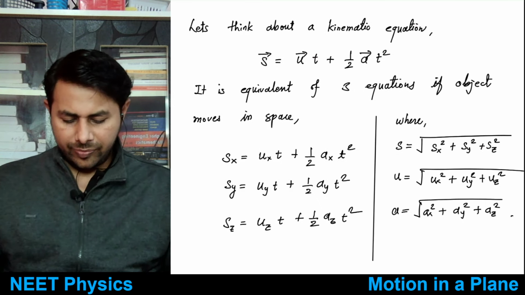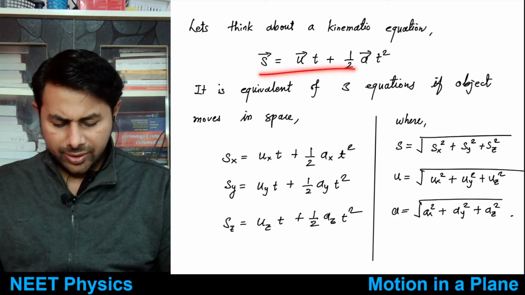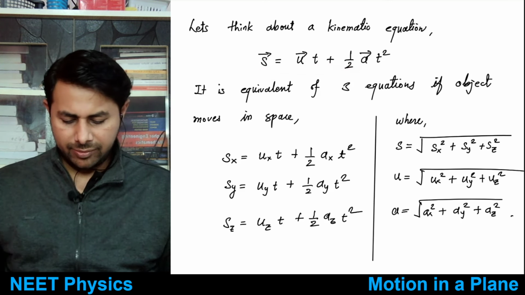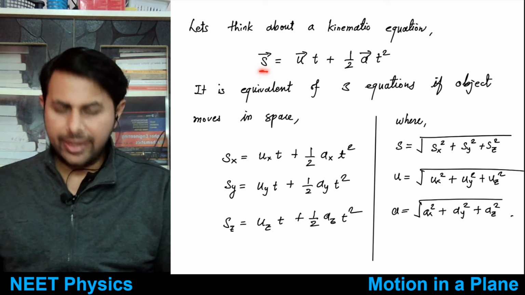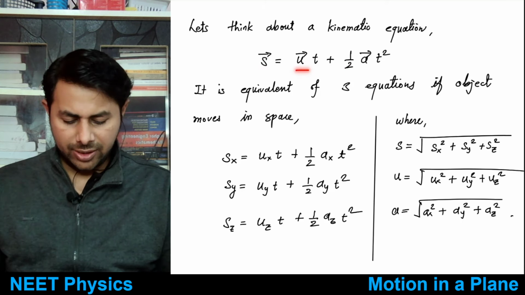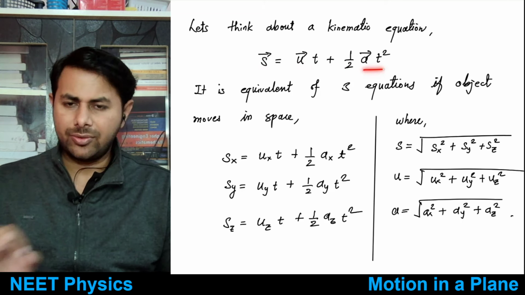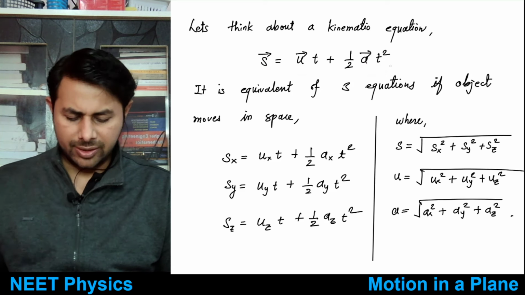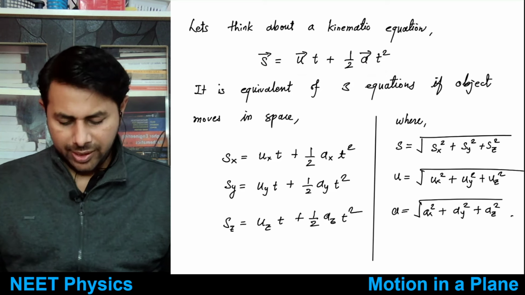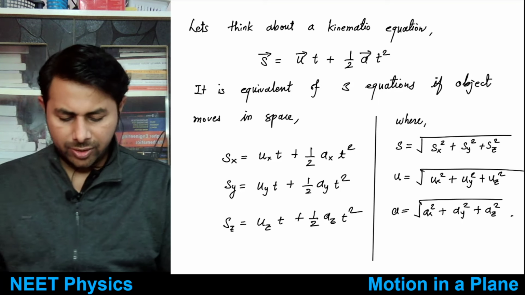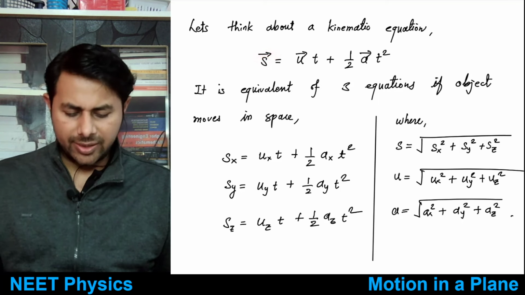So now we have our kinematic equations of motion. For example, s bar is equal to u bar into t plus half of a bar into t square, right? If you think about one dimensional motion, you don't say s bar or u bar.